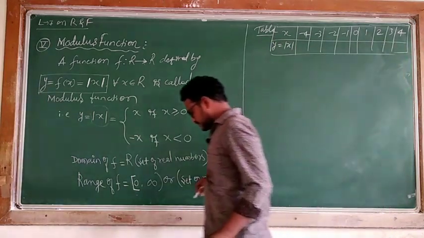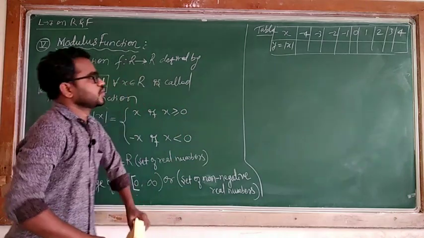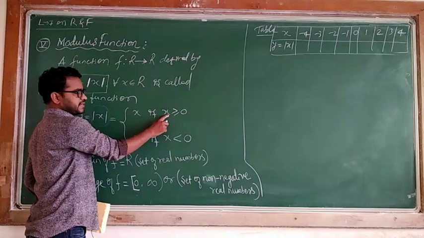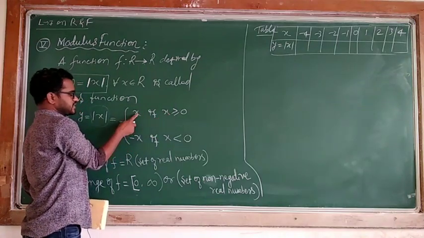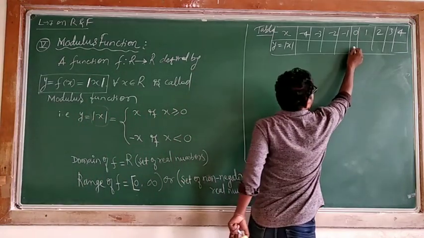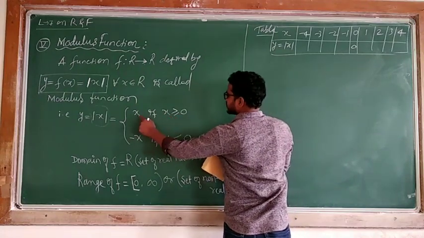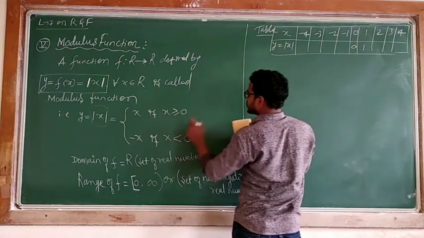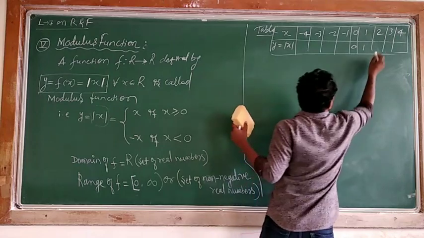Now when x is 0, x is greater than or equal to 0, so y will get 0 only. So I will write 0. X is 1, y will get 1 only. X is 2, y is 2 only.